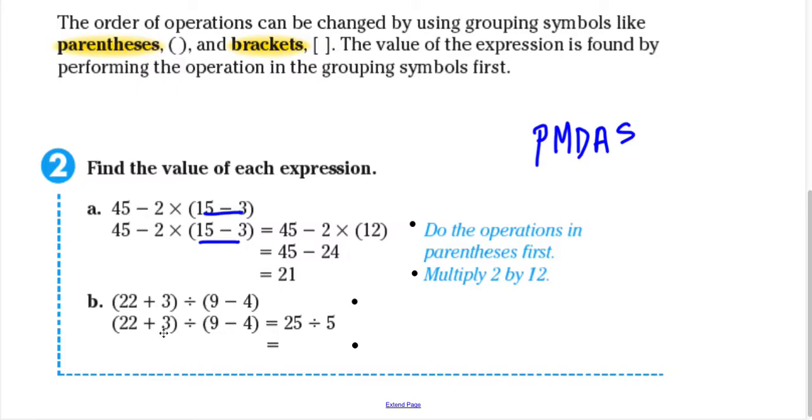Because 22 plus 3 is 25, 9 minus 4 is 5. Do all operations in parentheses first, and then we simply divide 25 divided by 5 will give you 5. So that's how you find the value of the quantity 22 plus 3 divided by the quantity 9 minus 4.